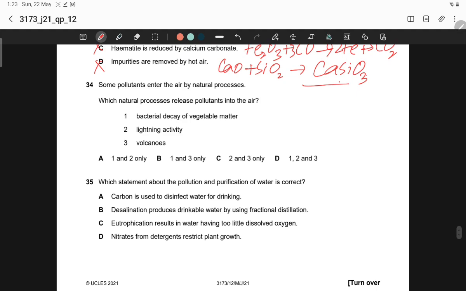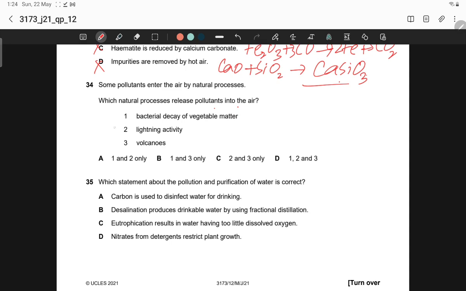Question number 34. Some pollutants enter the air by natural process. Which natural process releases pollutants into the air?